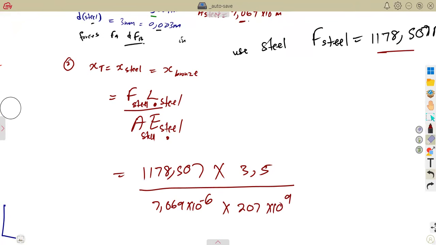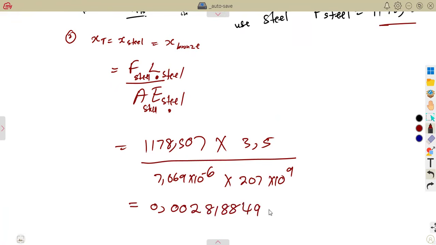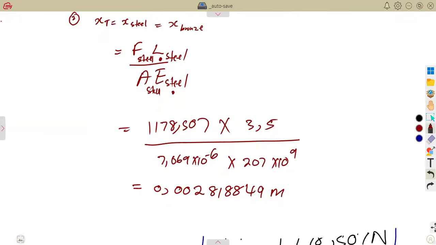Remember, this is extension. The value that you're calculating is in meters. So this extension is going to give us 0.002818849 in meters, which we can convert now to millimeters.